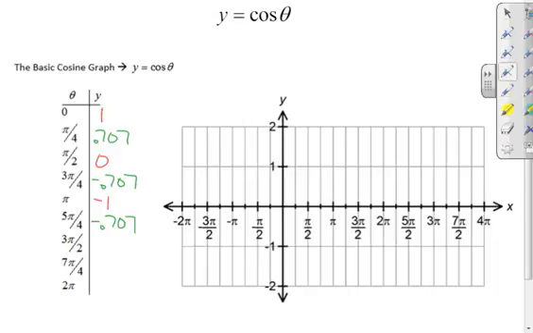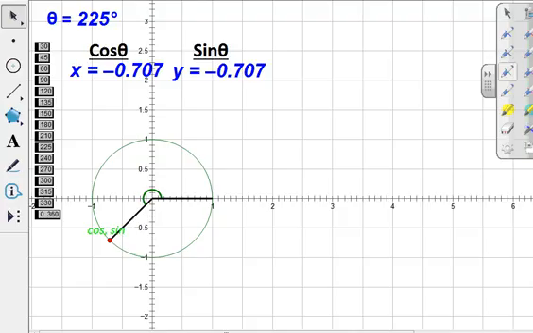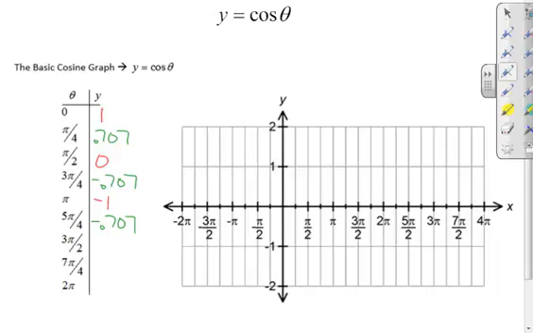Then I'm going to go to 3 pi halves, which is 270 degrees. And I see that I get a 0. And then when I go to 315, I get 0.707, which is positive. And in the fourth quadrant, you should know cosine is positive. So what does that give me here? I've got a value of 0 here, like I said.